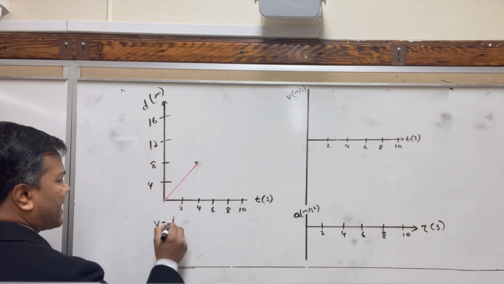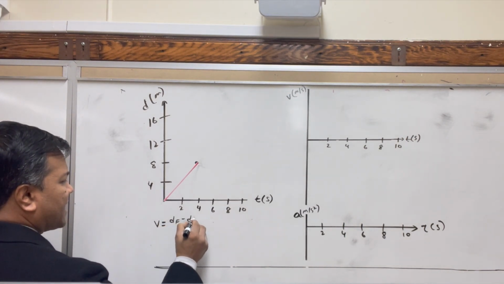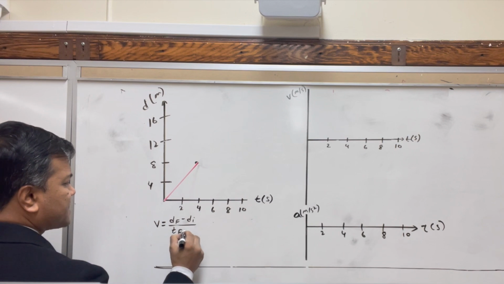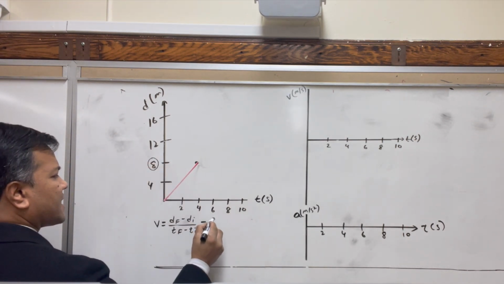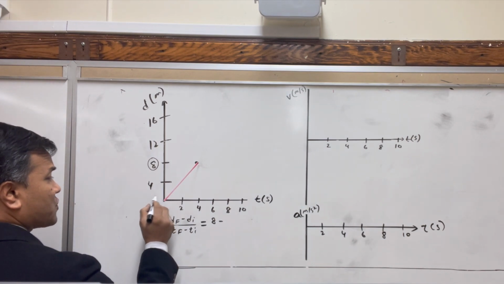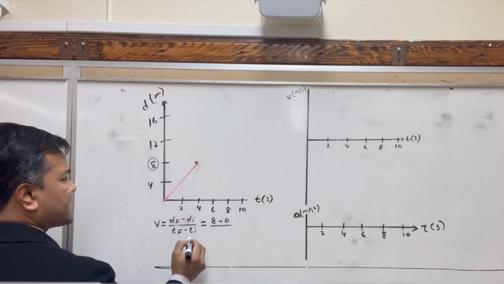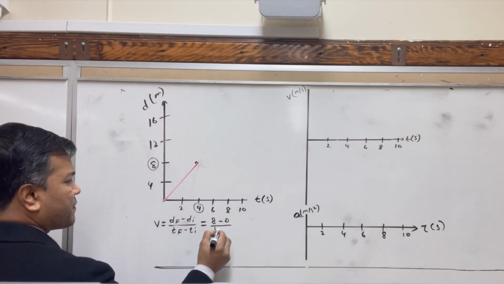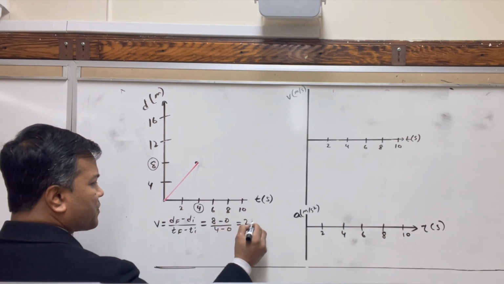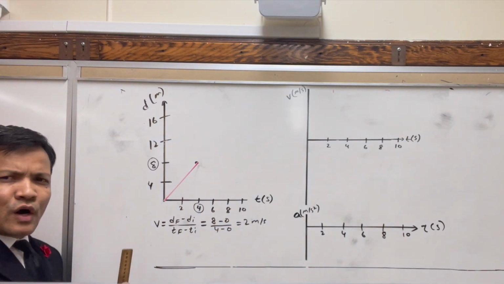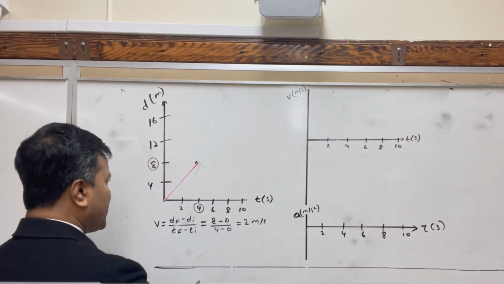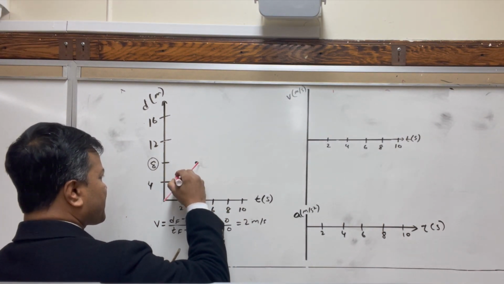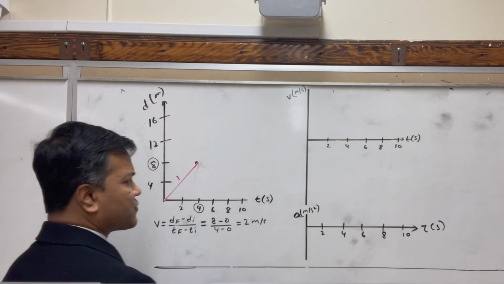Velocity is df minus di over tf minus ti, and that is df is 8 minus di is of course 0, and tf is 4 minus 0, so 2 meters per second. The object's velocity is 2 meters per second at section 1, and that's what we're going to draw.